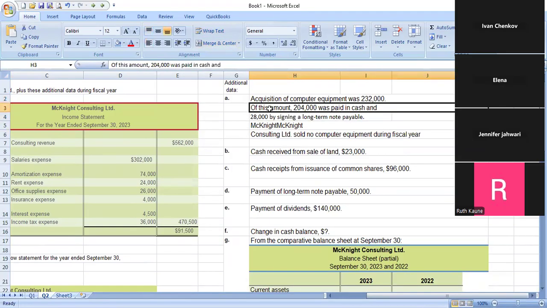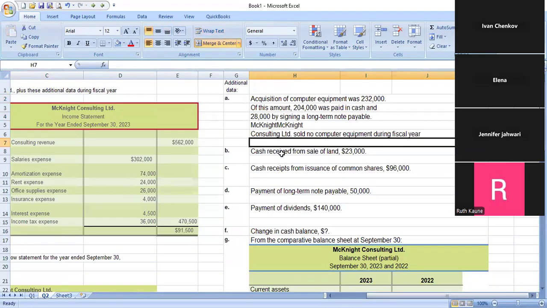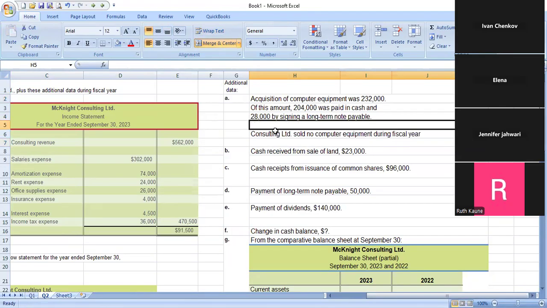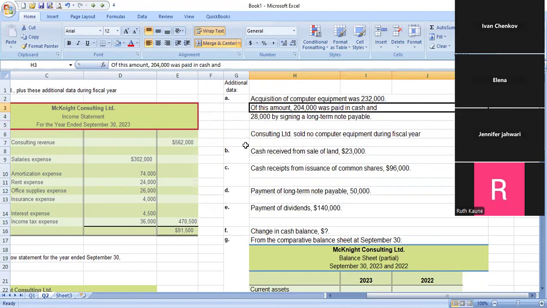I agree, but in the assignment, I subscribed that amount. I'm just taking 232,000 minus 28. But you didn't. Can you show me again where is the chart? Why would I do it? My cash is directly given.